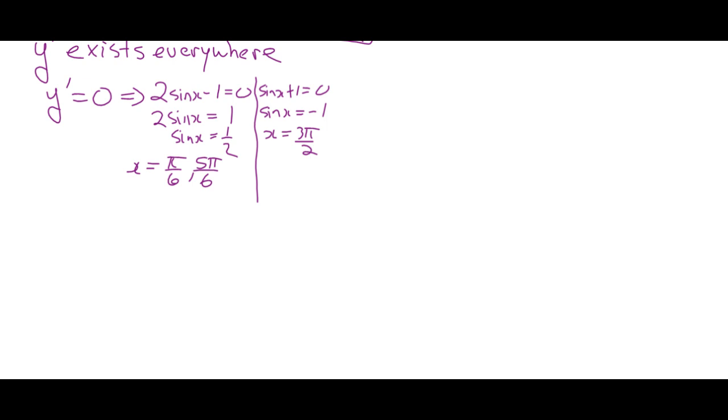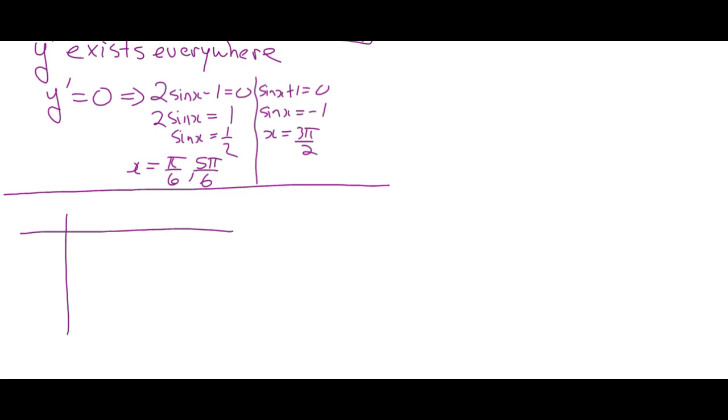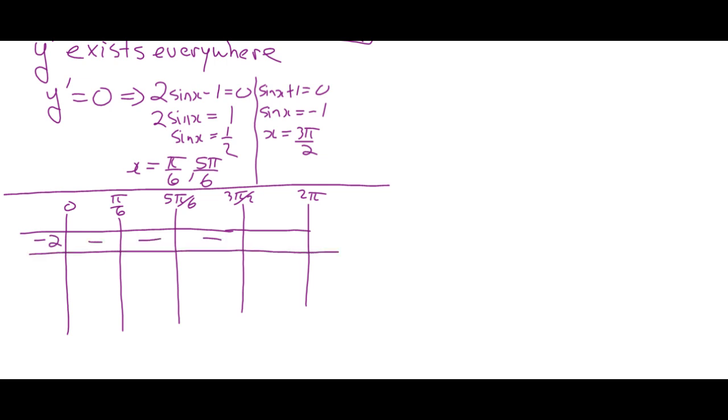And we have room here. So we've got 0, pi by 6, 5 pi by 6, 3 pi by 2, 2 pi. We've got a factor of negative 2, which is easy to fill in right off the bat. It's just all negative. We have a factor of 2 sine x minus 1, and we have a factor of sine x plus 1.